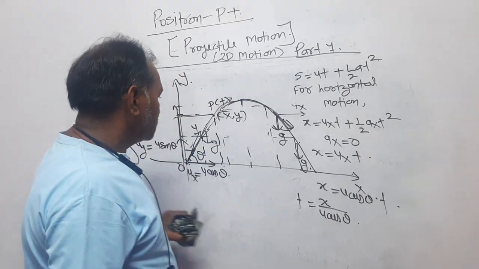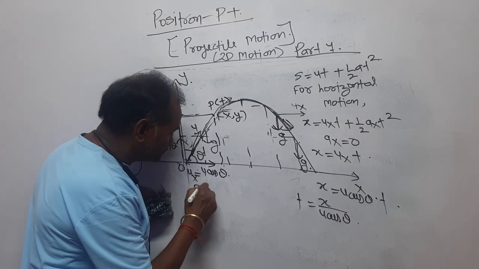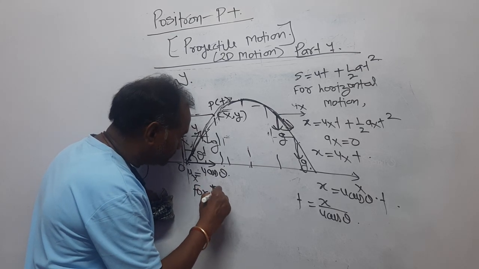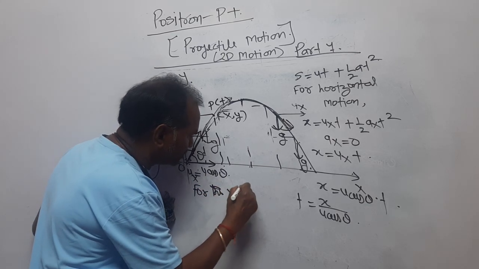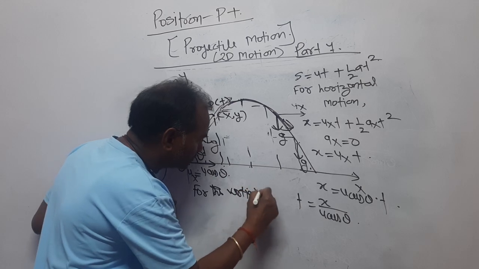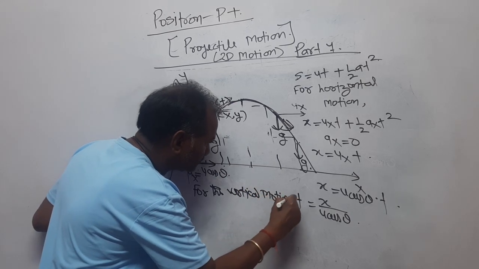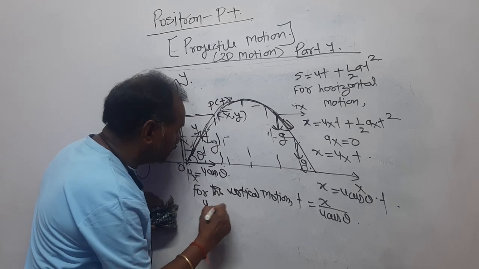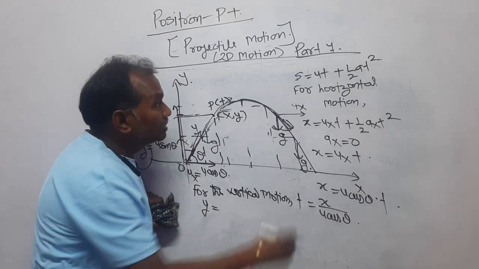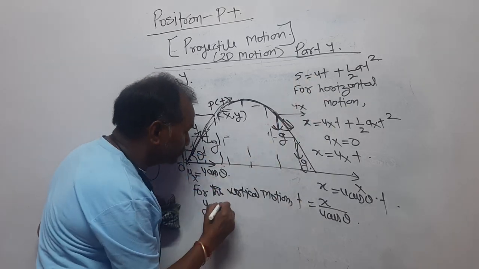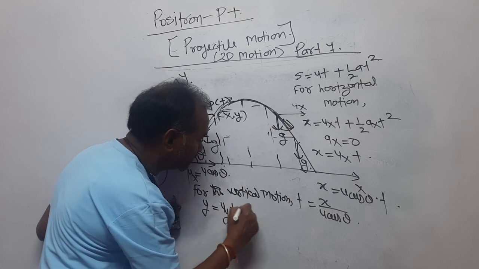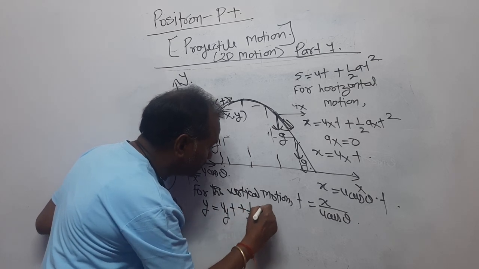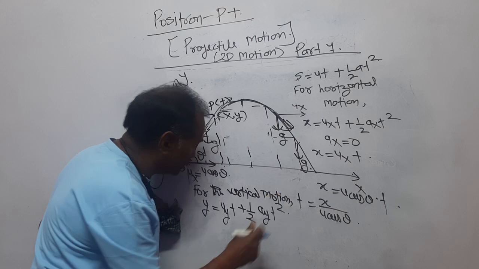Now consider the vertical motion. I am replacing s by y. Here it is uy into t plus half ay into t square.